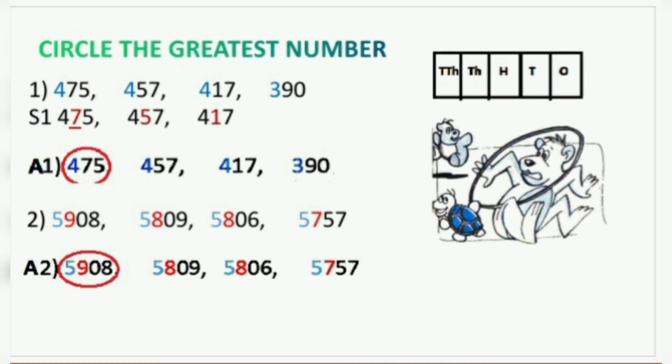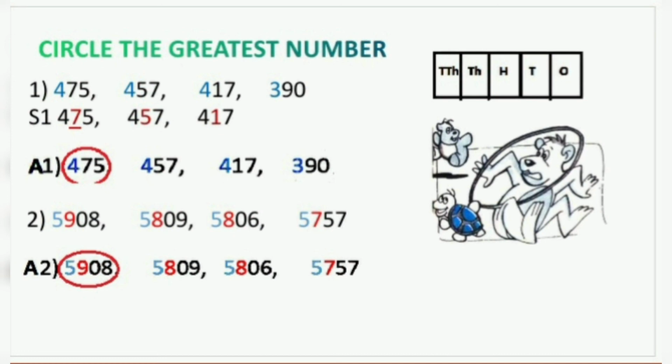Now come to the second question. You can see all the four numbers are 4-digit numbers, and their highest place digit is the same, that is the digit in the thousands place. You have 5 in each of these numbers. Okay, so by looking at the thousands digit, you cannot find out the greatest number.